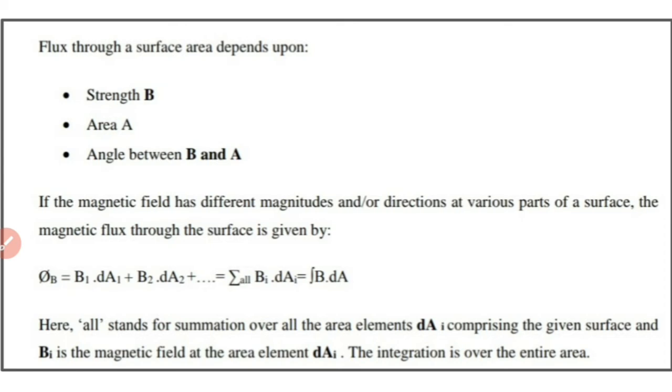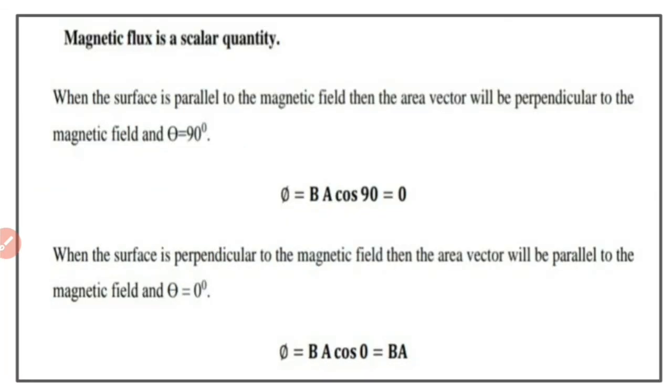So B1 dot dA1 plus B2 dot dA2, in the same way as we did with electric flux. So we have summation over all surfaces Bi dot dAi, which can be written as integral B dot dA. The same approach as we did in the case of electric flux, here also we can apply. So that is about the total flux.